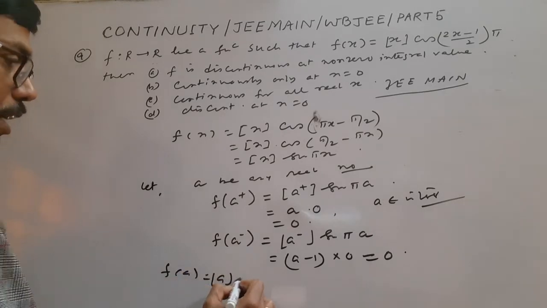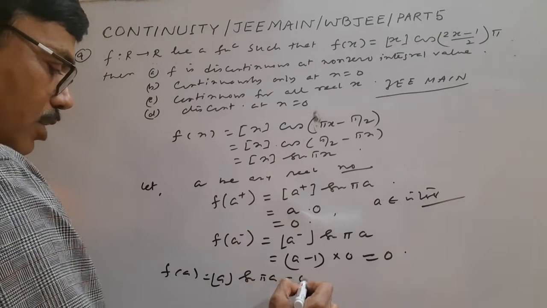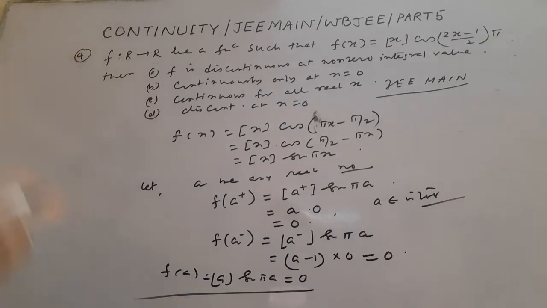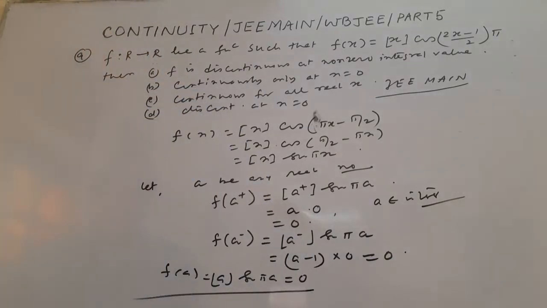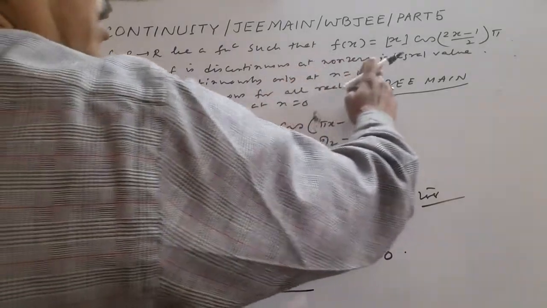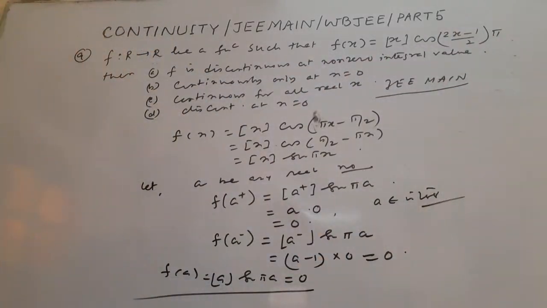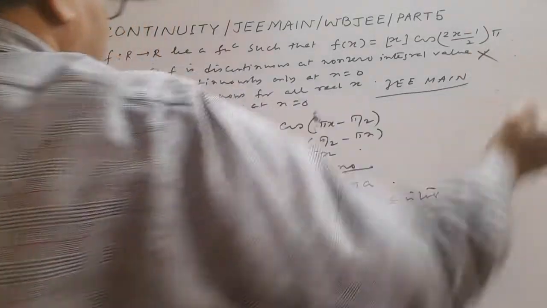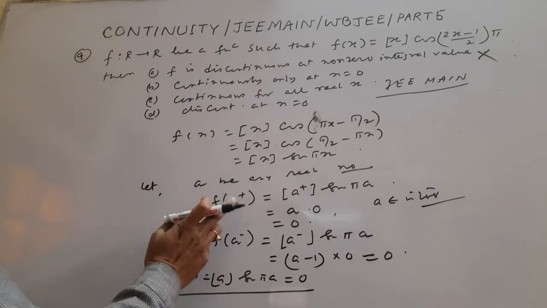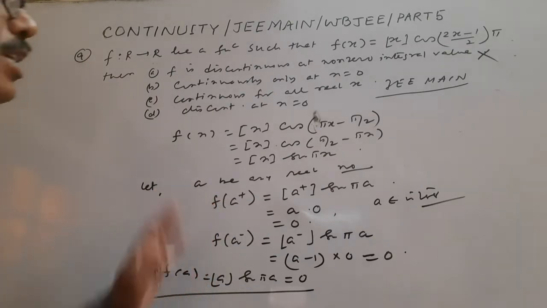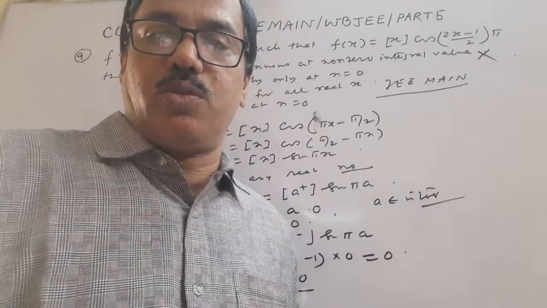So what is f a? Third bracket a into sin pi a. Sin pi a is 0. So f x is discontinuous at non-zero integral value. It is not correct. Continuous only at x equals to 0. So for any value of a, a can take any integral value: 1, 2, 3, 4.